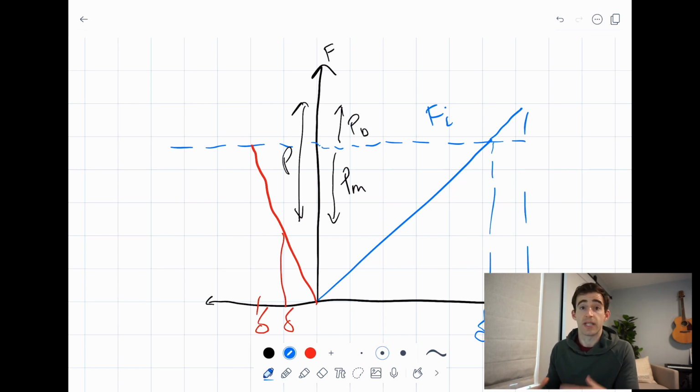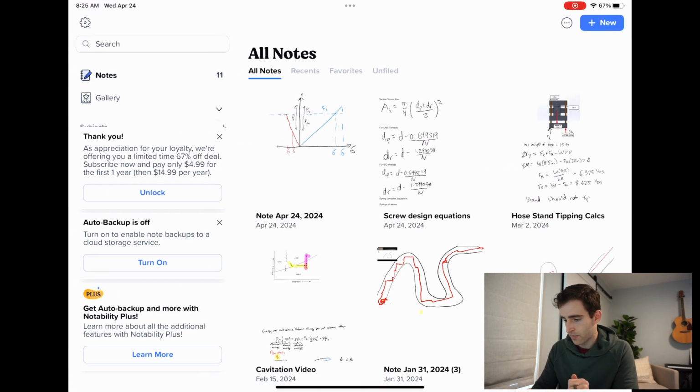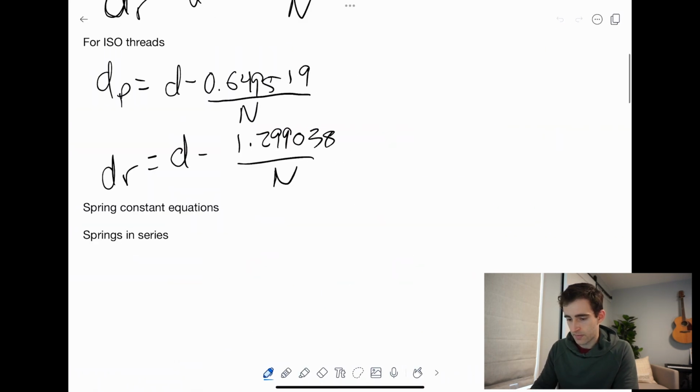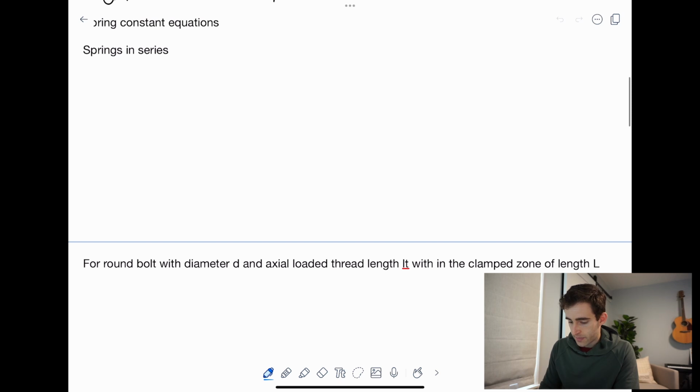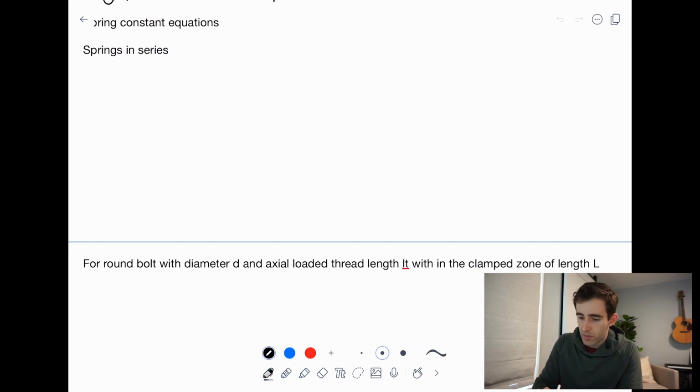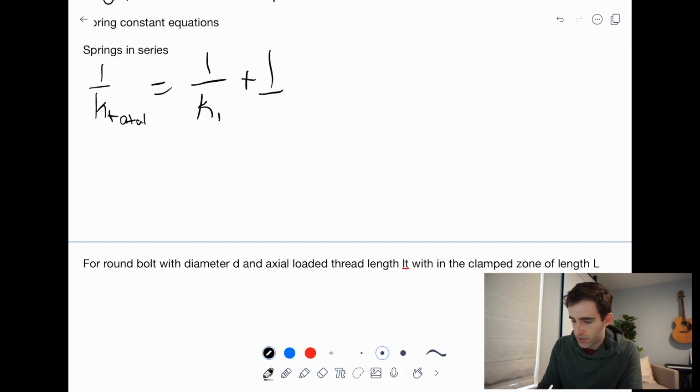So now we're kind of visualizing how the stiffness plays an important factor in this, hopefully getting a better understanding of that. Let's take a quick look at the stiffness equations. So we think about this as springs. We know springs in series, so K total, is going to equal just the reciprocal of each spring constant for however many we have in our clamped.